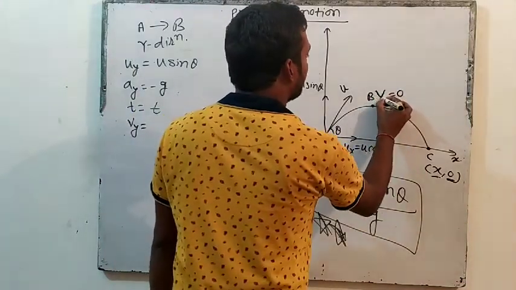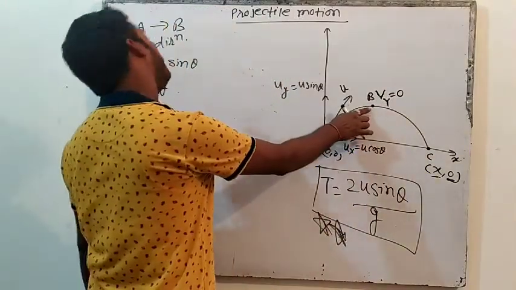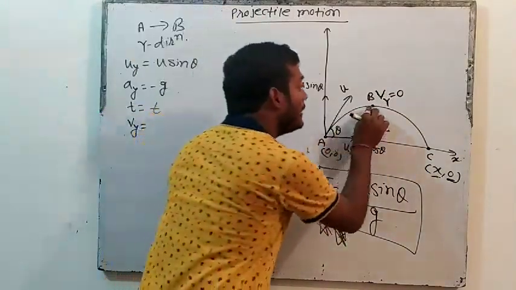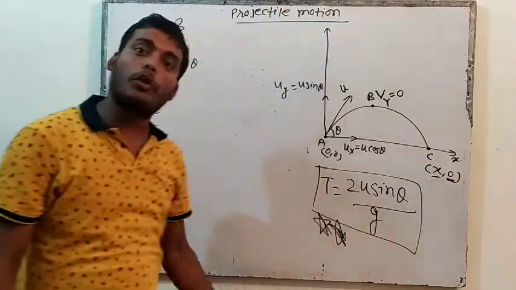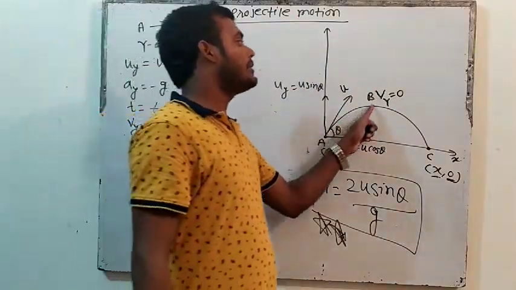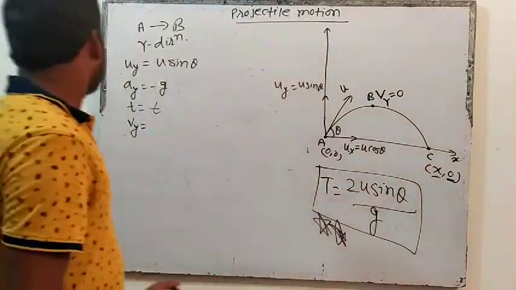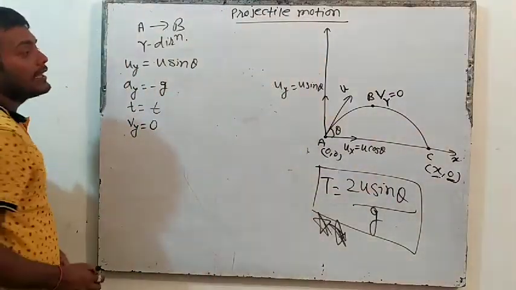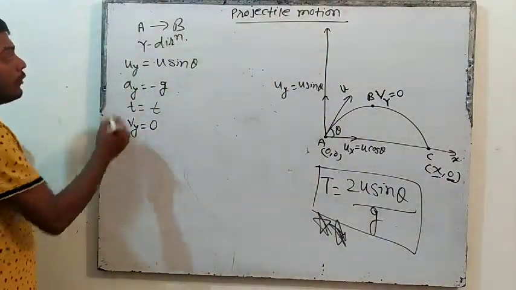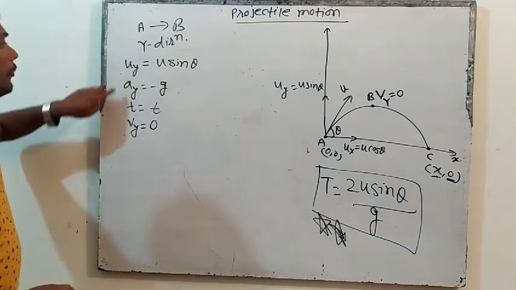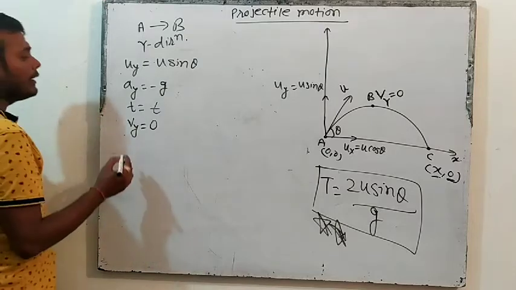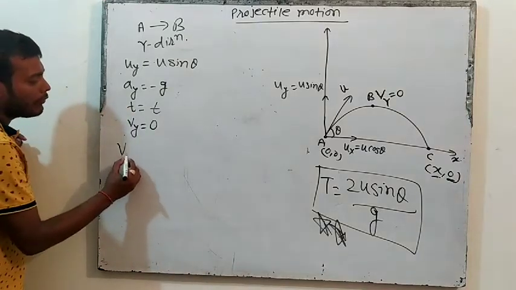Because it is here that the final velocity in y direction becomes 0. That's why the object is not able to go further in y direction, because it became 0. 10, 9, 8, 7, 6, then 0. So final velocity in y direction at highest point will be 0. Which equation will we apply? We know v, we know a, we know u. We have to find t. So v is equal to u plus at.